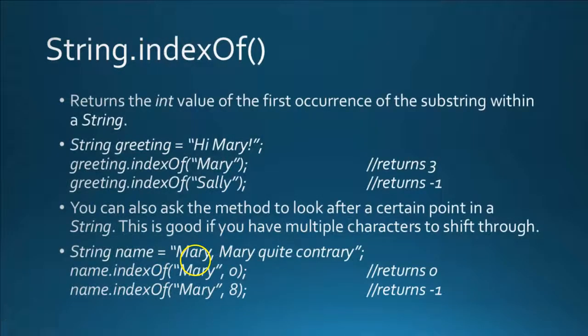And if we look back at 8, that means it's going to start at position 8, so it's not going to be in there at all. It's -1 because at position 8, you're now well past where Mary would start. Even the second Mary starts at position number 7, so it's just past it.